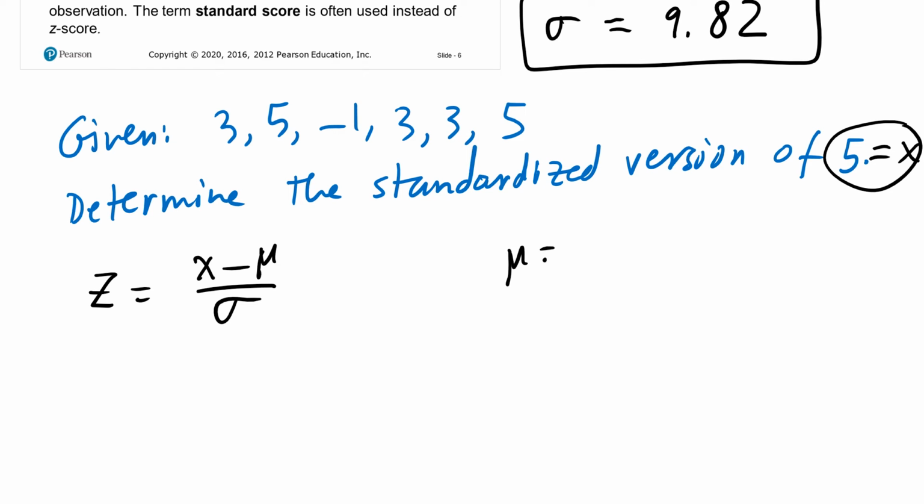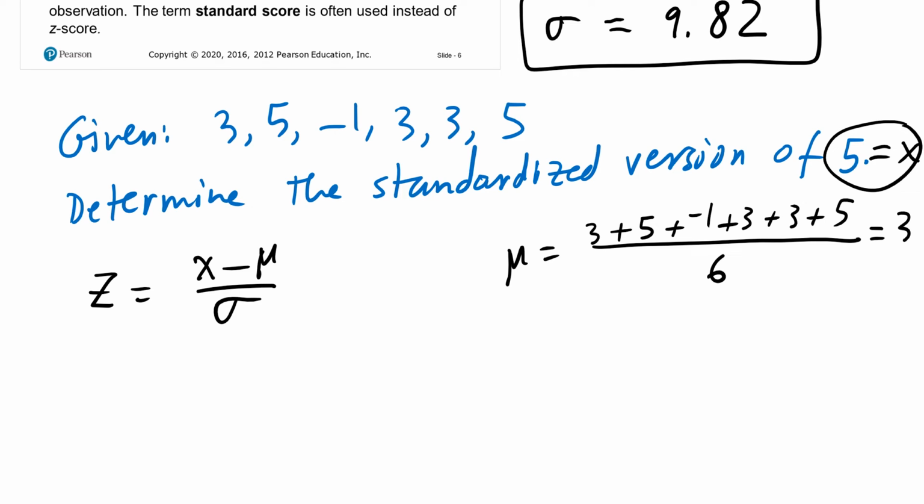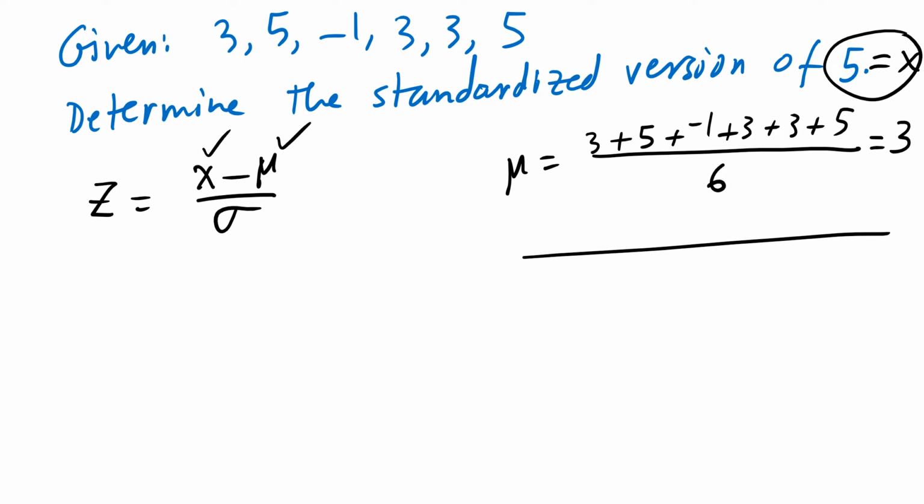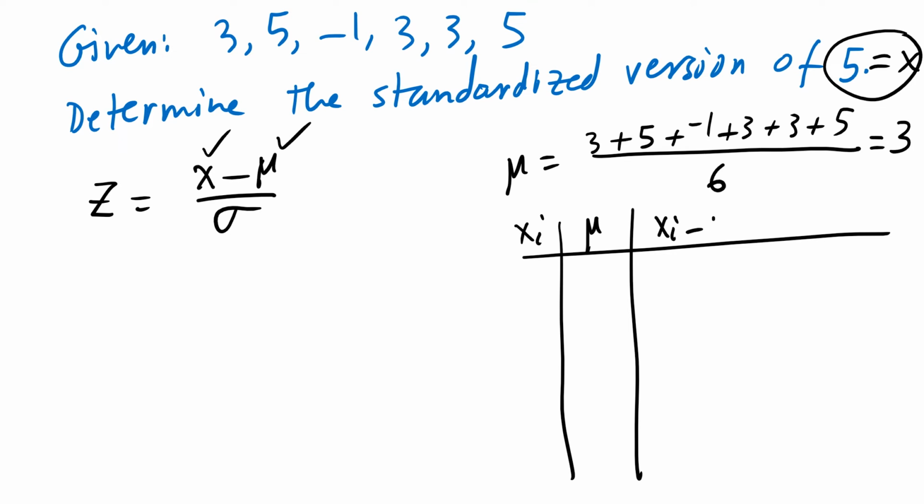So the mean is basically adding all these numbers up, 3, 5, plus -1, plus 3, plus 3, plus 5, and we have 6 of them. That gives me 3. That's the mean. So I found the x and the mean. We need to find the standard deviation. How do you find it? As we did in the previous example, put all the xi values, then the mean, then xi minus the mean, and then we square them, xi minus the mean squared.